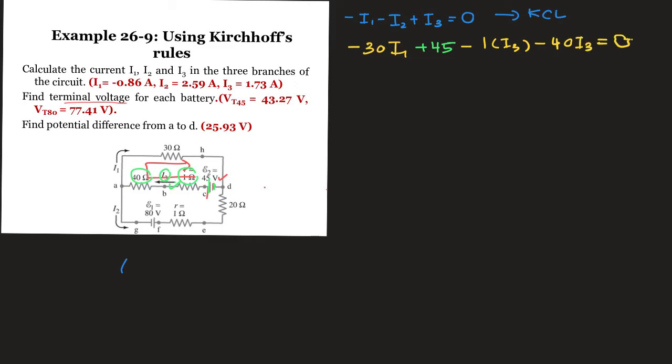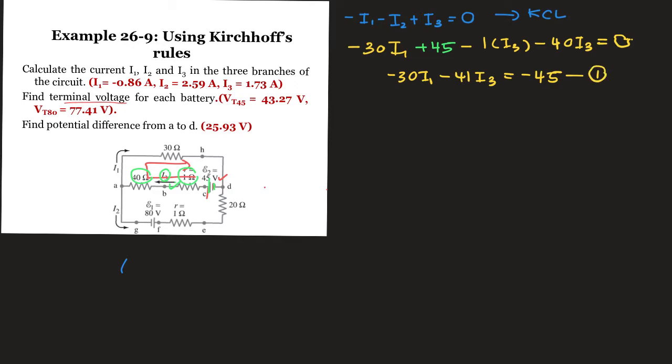Why is it equal to 0? Because of the definition of the Kirchhoff voltage law, the sum of changes around the closed loop always equals 0. So you solve this and simplify it. Therefore you are going to get negative 30 I1 minus 41 I3 equals to negative 45. So you are going to have the first equation.